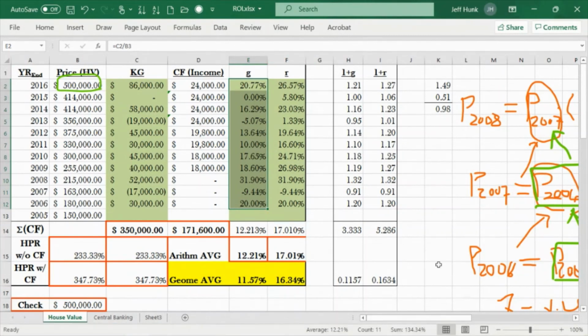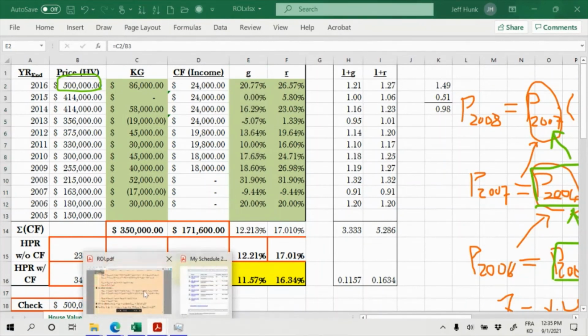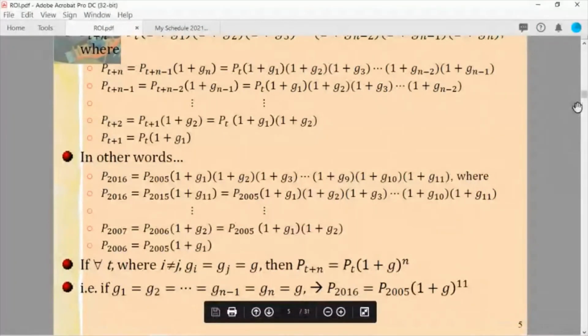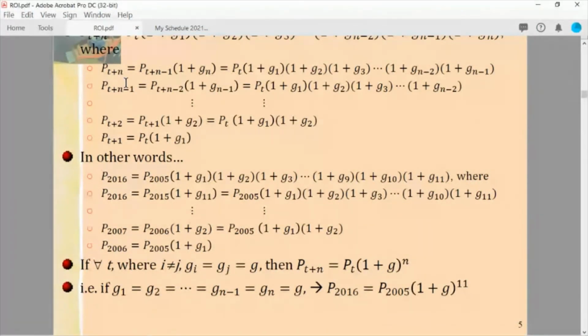In expressing P(T+N), for example P 2016, we needed to write it as 1 plus G1 times 1 plus G2, 1 plus G3, through G11.